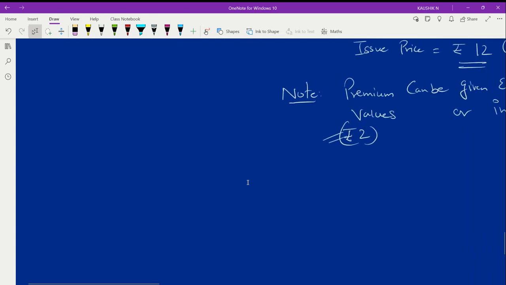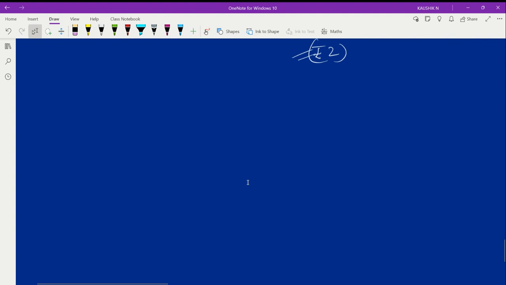No, right? Okay. Now let me make you understand one more concept. You understood you can issue at par, you can issue at premium. Now, payment. You're issuing shares for what purpose? To collect the required amount of capital from the public. We are going to collect money from the public, and with that capital we are going to start our business. So to pull up the capital, we need to go for issue of shares.